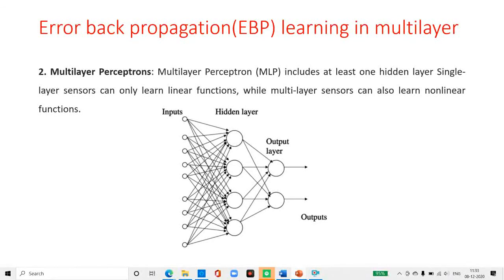So consider the series of features capital X equal to x1, x2 and so on, as the inputs, and the target capital Y. The multi-layer perceptron learns the relationship between the features and the target for classification or regression purposes.